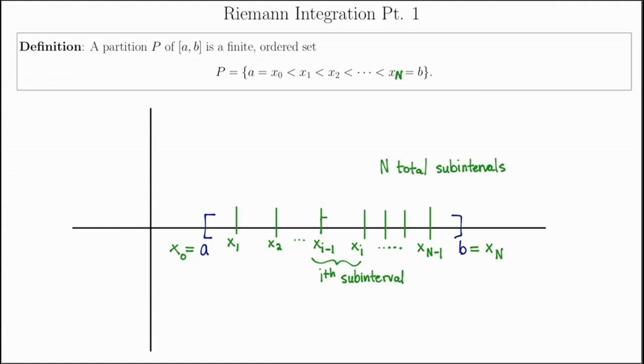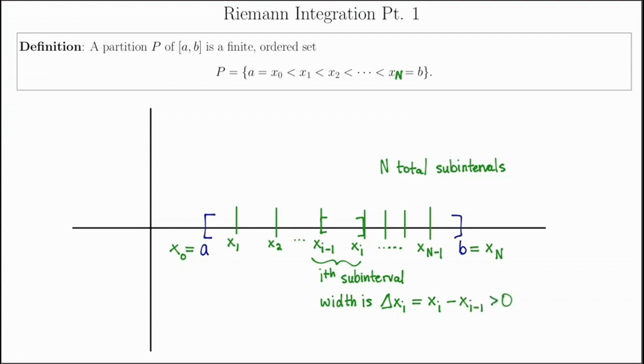The width of this ith subinterval would be the right point minus the left point. That's just the width of this interval. And we denote it with the Greek letter capital delta. So what we'll say is that the ith subinterval width, which we'll denote delta x sub i, is the positive number x sub i minus x sub i minus 1.